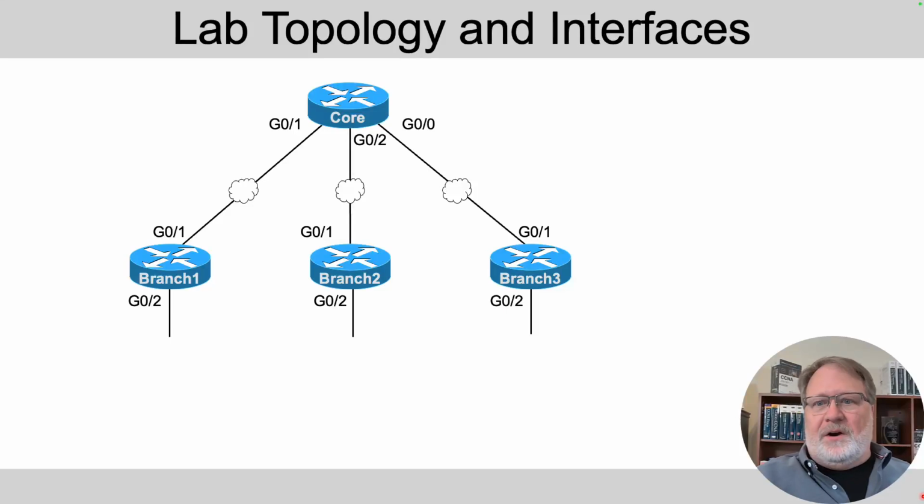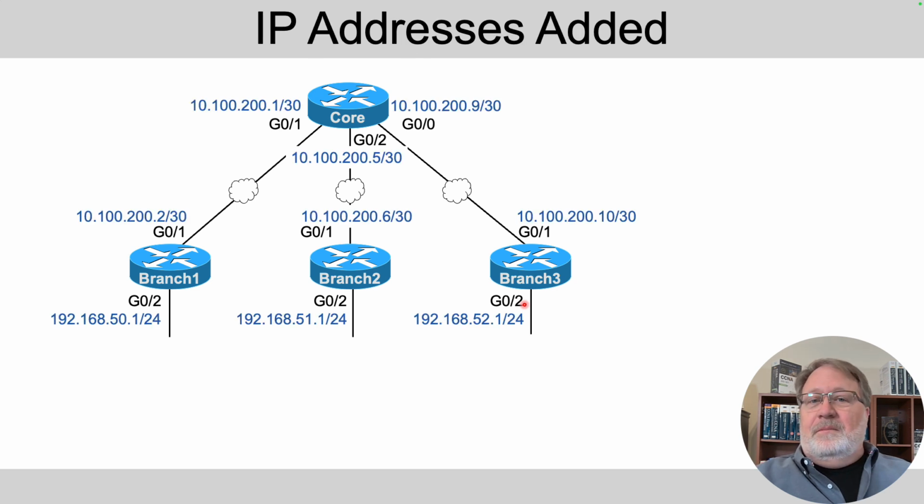So let's get into the router topology. We've got 4 routers, core, and 3 branch offices with WAN links between the core and each of the branches. And we've got a LAN interface off each of the branches on the bottom part of the figure. In the blog page, I've got the IP addresses represented in shorthand, but here I've spelled them out with the IP address and then slash and the mask.